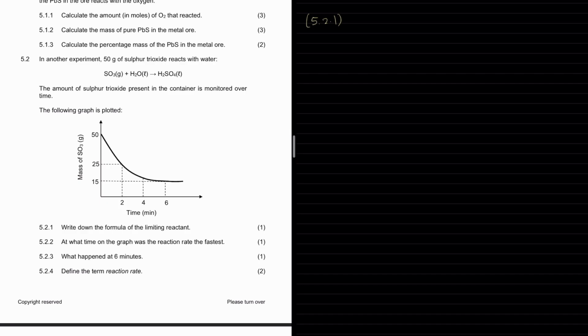So the limiting reactant is the reactant that is used up in a reaction. We can clearly see from the graph that's given to us, SO3 is not used up. There is SO3 left over. So the SO3 must be the excess, and that must mean that the other reactant, which is H2O, must be the limiting reactant.